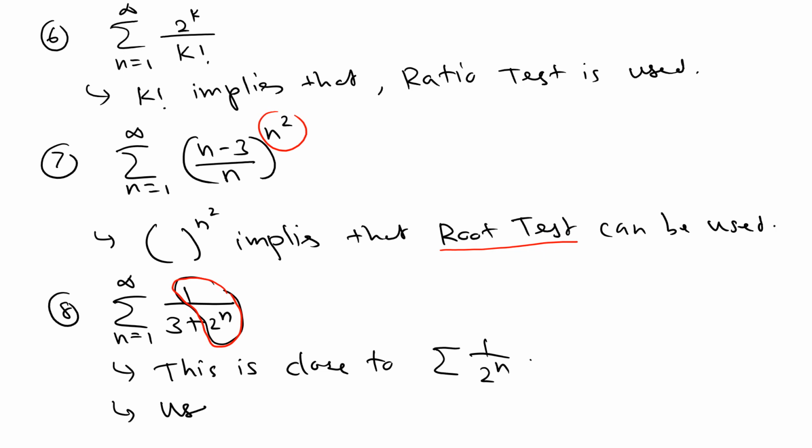And then after we get that, you can use the limit comparison or direct comparison. Okay, so use the limit comparison test or the direct comparison test with the geometric series.